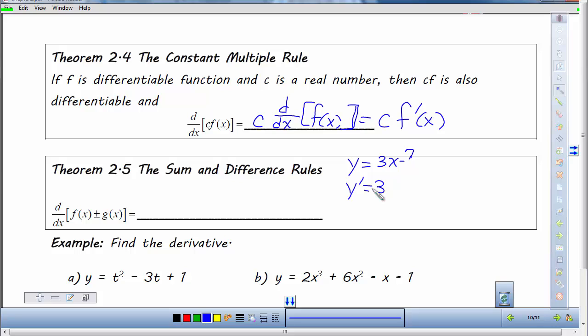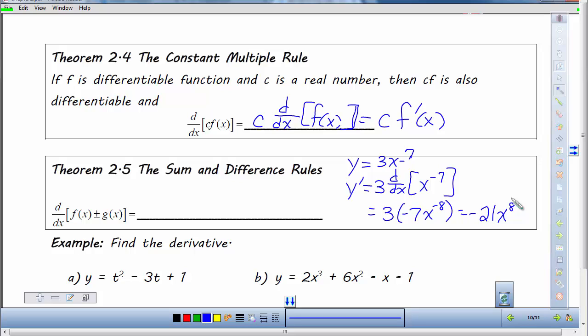He's not added on, but he's multiplied by the function. And now I take the derivative of x to the minus 7. Okay, so we get 3 times negative 7 x to the negative 8, or negative 21 x to the 8th. So I was already doing that, but I hadn't introduced the rule for it. Everybody kind of see what the rule allows us to do?